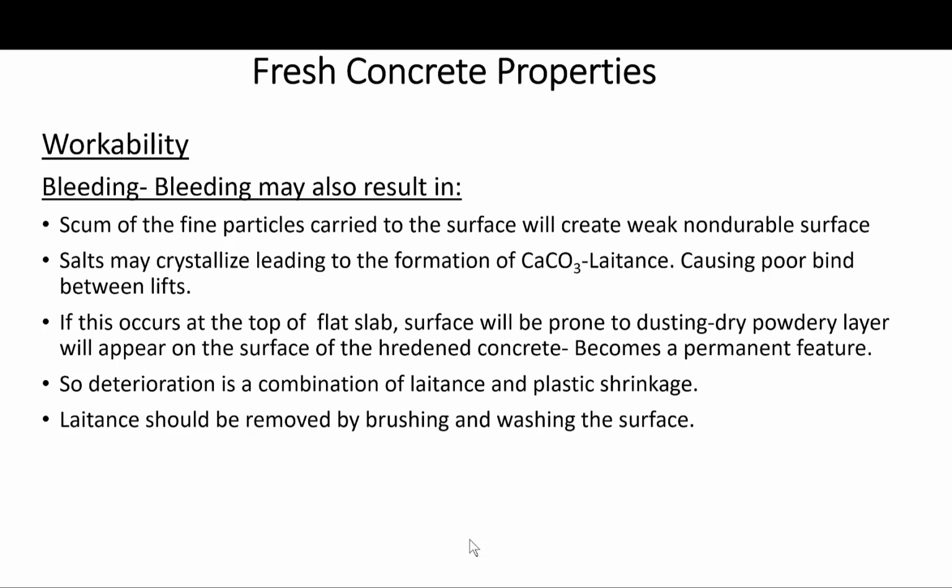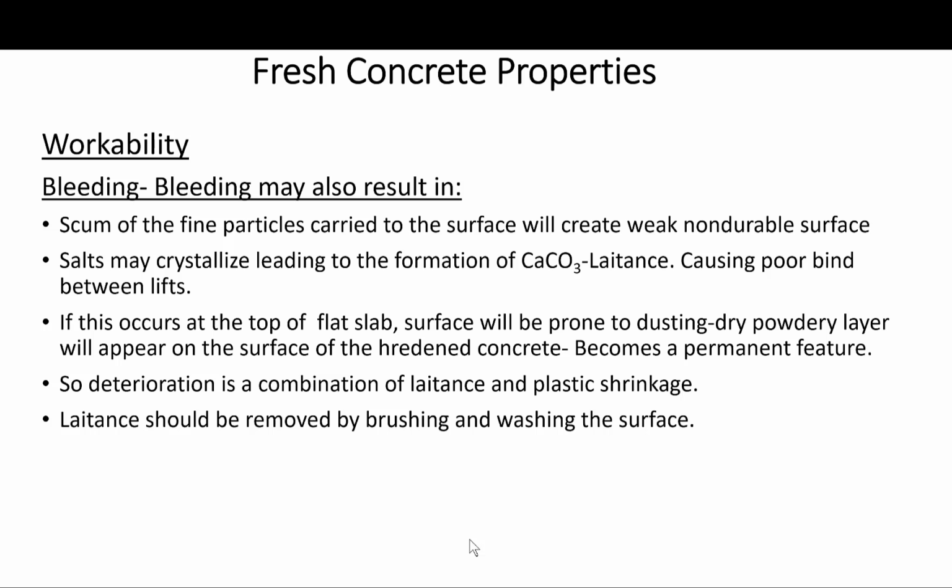If this occurs at the top of a lift, poor bond to the next lift will be the result, so there will be poor bonding between lifts. If, on the other hand, it occurs at the top of a flat slab, the surface will be prone to dusting. That is a very dry, powdery layer that will appear on the surface of the hardened concrete.